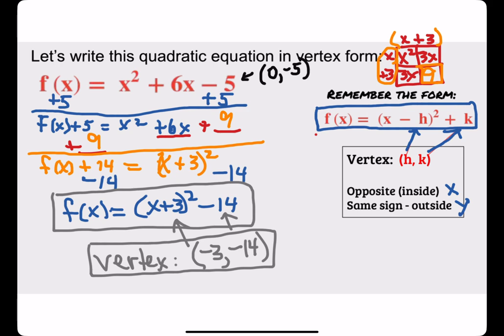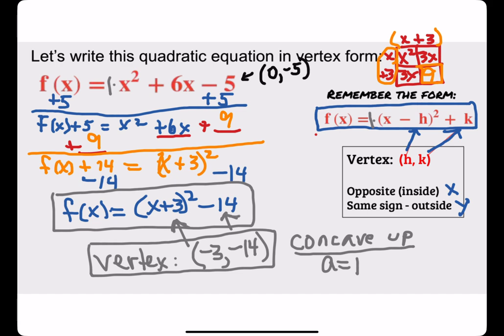I know that this parabola is concave up because my lead coefficient is 1, which is positive. So my a is 1, and anytime your a is positive, you have a concave up parabola. So there it is, vertex (-3, -14), comes right from the equation.